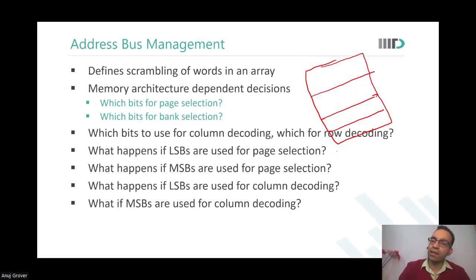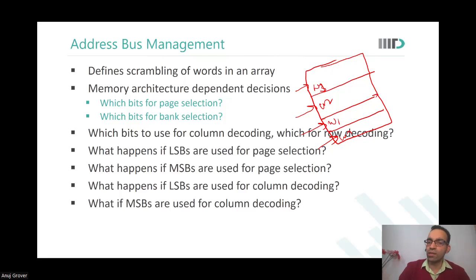I would want to distribute my reads across banks so that none of the banks is overly stressed. So I would write my data into different banks, even though they are consecutive data. So this is word 0 in one bank, word 1 in the other, word 2 in the third, and word 3 in the topmost bank.